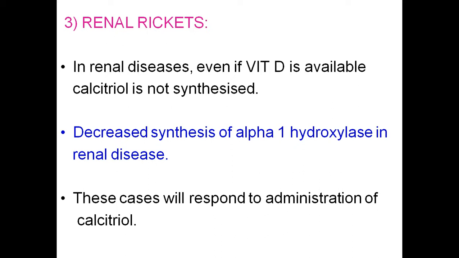This is absent in the kidney. So as a result, 1,25 dihydroxycholecalciferol is not synthesized in the body, resulting in a condition called renal rickets. These cases will respond to administration of calcitriol. So in these renal rickets patients, if you give calcitriol as supplementation, they recover.